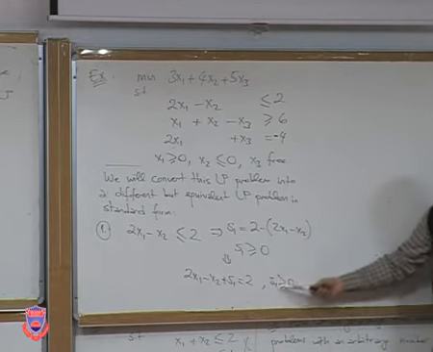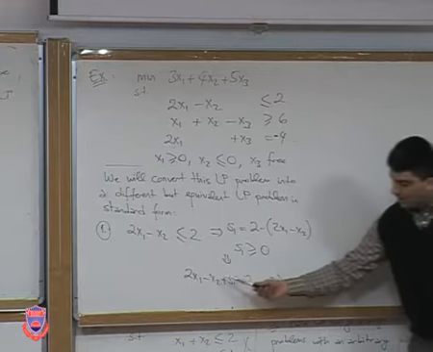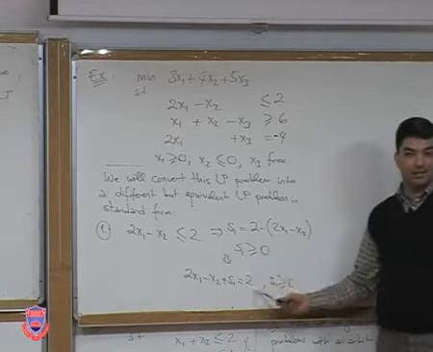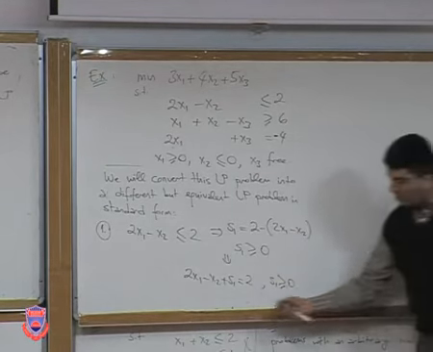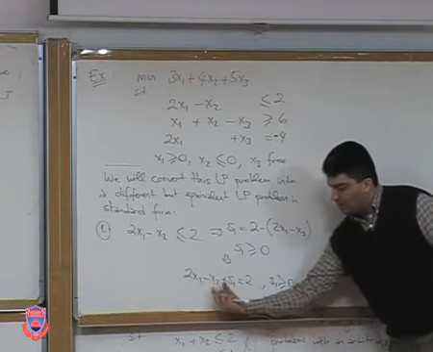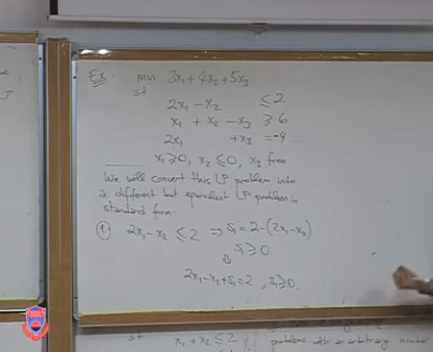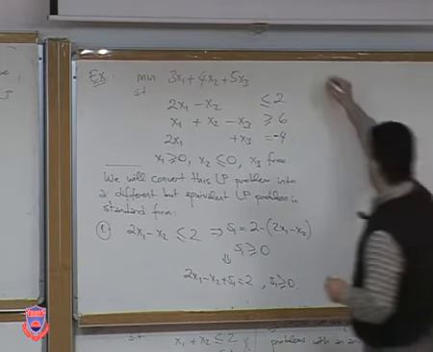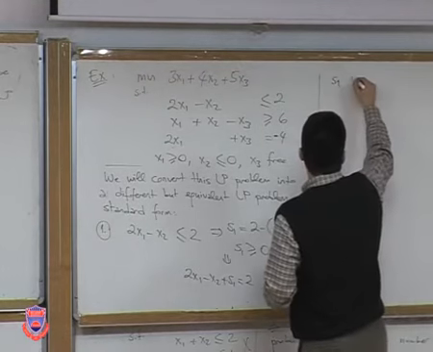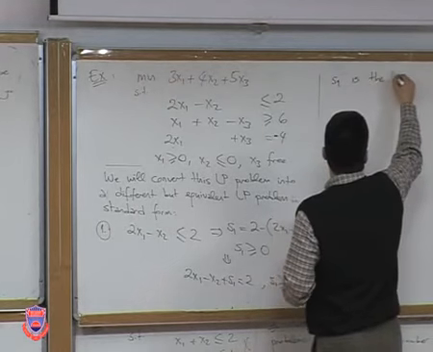And this new variable should be non-negative. This basically means that the left-hand side cannot exceed the right-hand side. Because S1 is non-negative, 2x1 minus x2 cannot be larger than 2. Otherwise, S1 cannot be non-negative. Does everyone see that? So as a result, we call S1 the so-called slack variable.